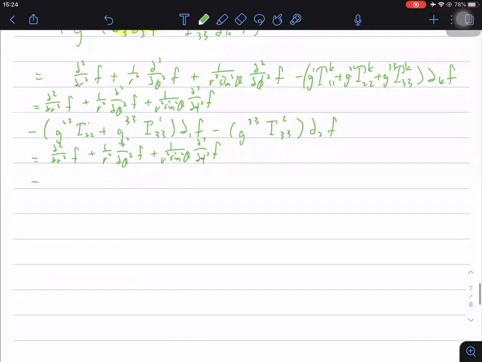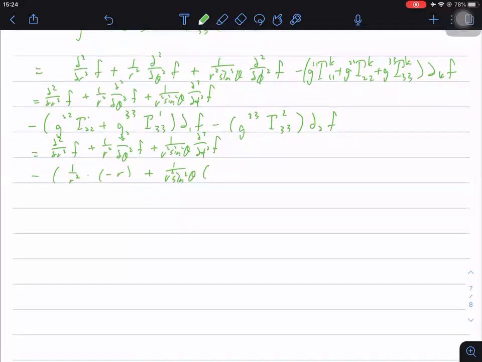Okay, so G22 here is 1 over r squared multiplied by minus r plus 1 over r squared sine squared theta multiplied by minus r sine squared theta.